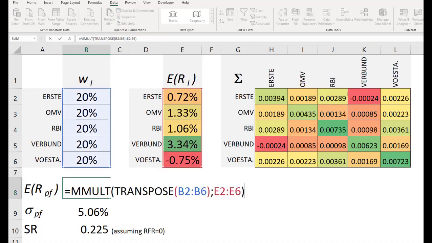Here you see the matrix formula for the expected portfolio return implemented in Microsoft Excel. So what we do is we multiply the transpose of the W vector with the vector of expected returns, and when we want to enter this we must press the control key, the shift key, hold them, and then press the enter key.